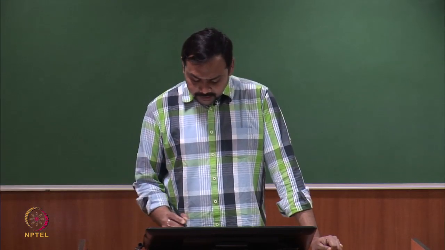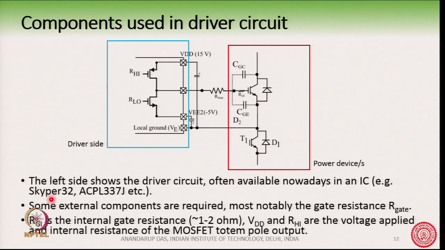For example, SKYPER 32 is a gate driver board, and ACPL-337J is a gate driver IC. So, what is there inside this IC? Basically these ICs have a totem pole of MOSFETs or BJTs along with several protection features.